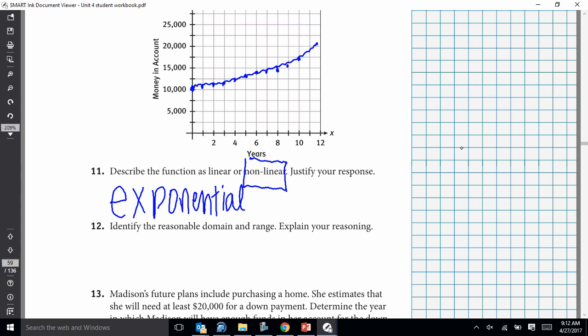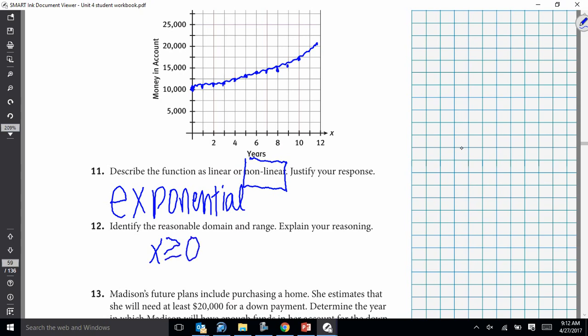Can she keep it in negative years? No. So what would be a reasonable starting point? 0. So 0 is a good thing. And then where are we going from there? Are we going less than or greater than? Greater than. So domain x can be everything greater than or equal to 0.